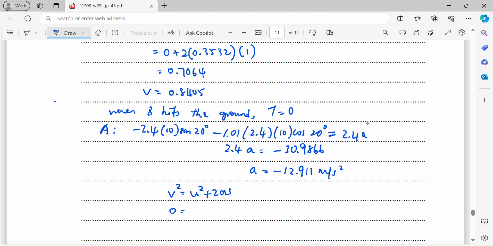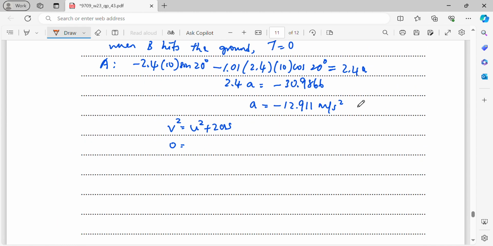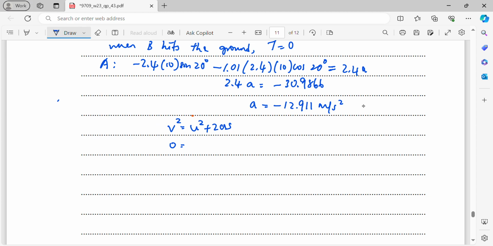Now your U is this initial speed, and you can just take the 0.7064 directly as the U squared, since the V squared from before is the same. Therefore, 0 equals 0.7064 plus 2 times negative 12.911 times S, with S unknown.